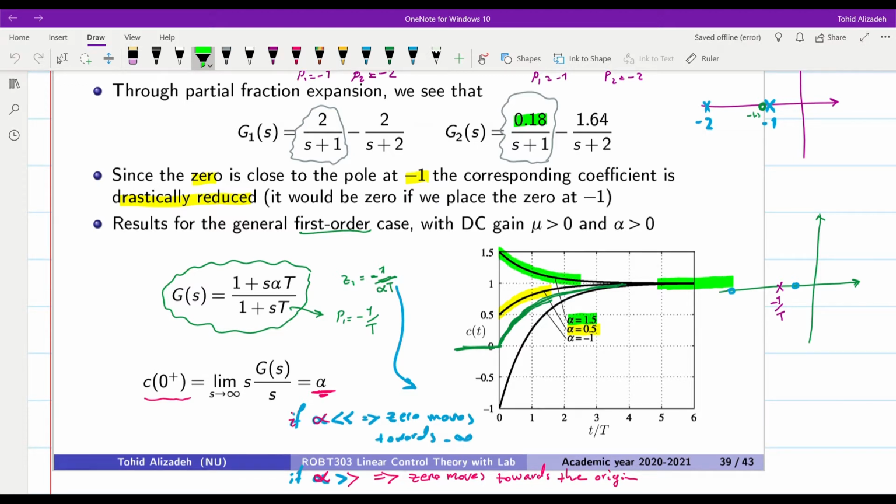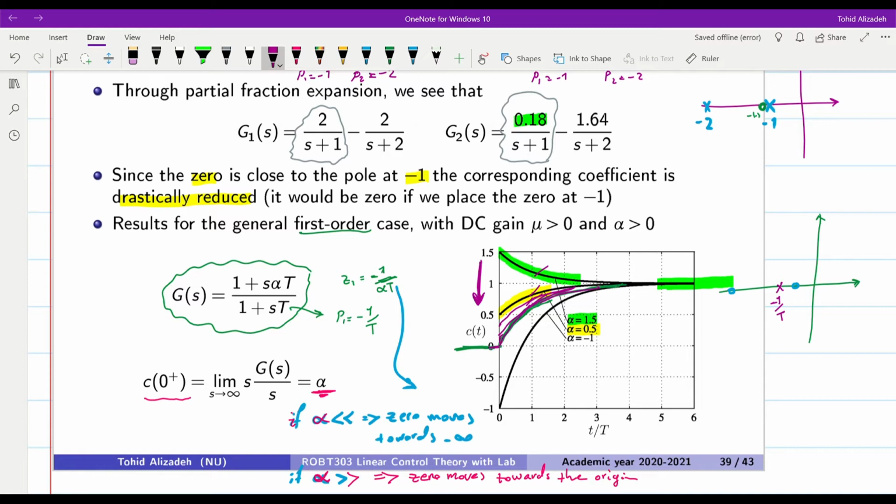And as alpha goes towards 0, the step response of the system will become similar to the case where we have no 0. So in this way, let's say that alpha moves towards 0 in this direction, if you consider the different step responses that we just have drawn.